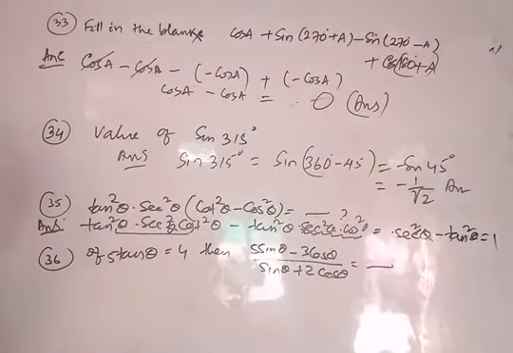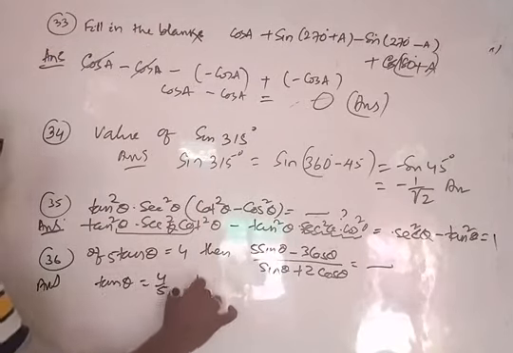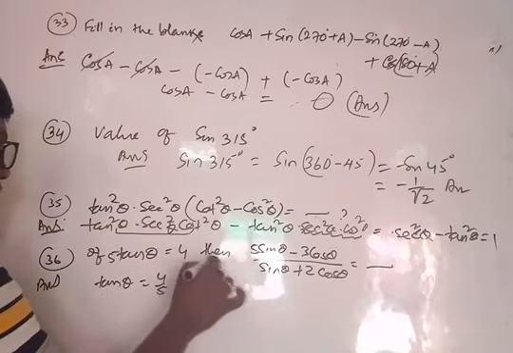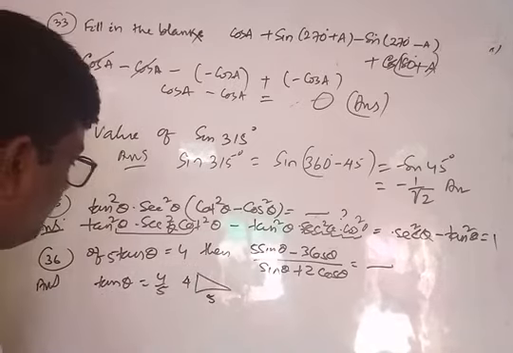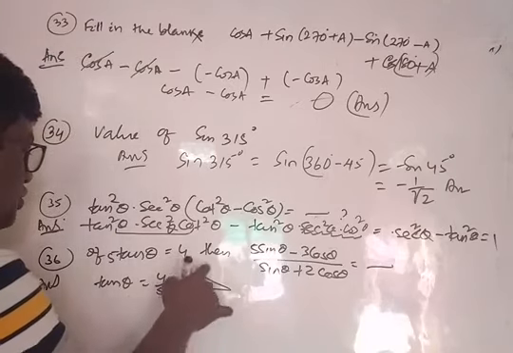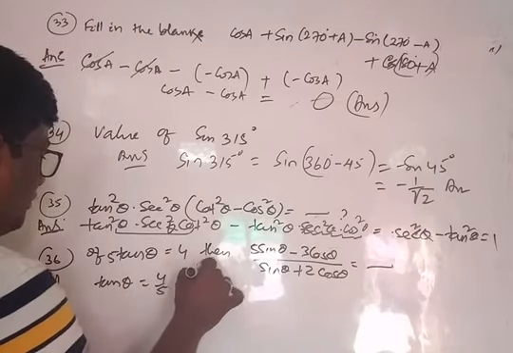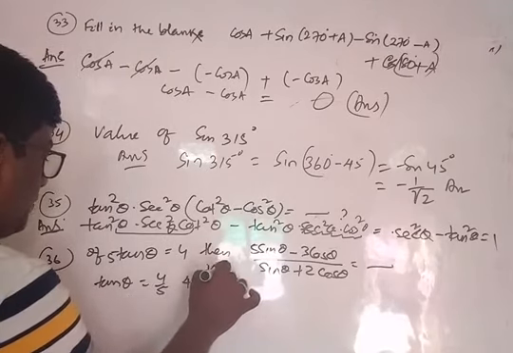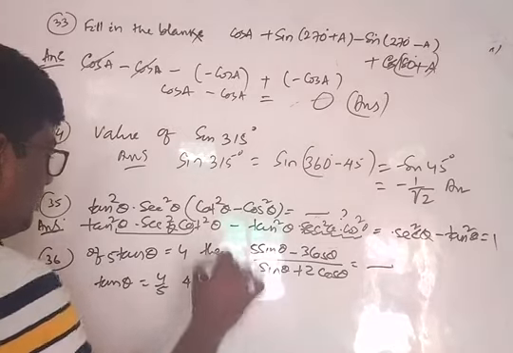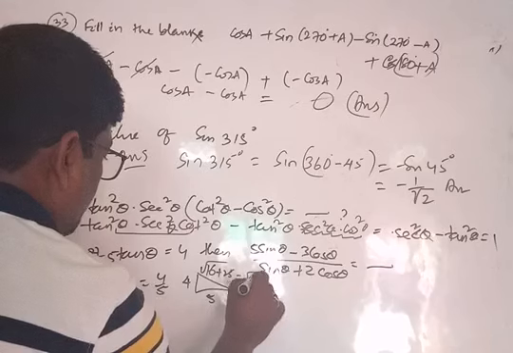Now question number 36. Here tan theta is equal to 4 by 5. This is P by B. So the hypotenuse is root over 16 plus 25, that is equal to root over 41.